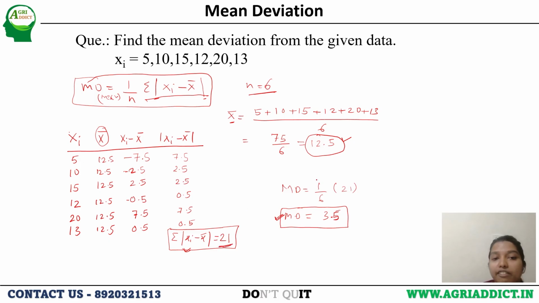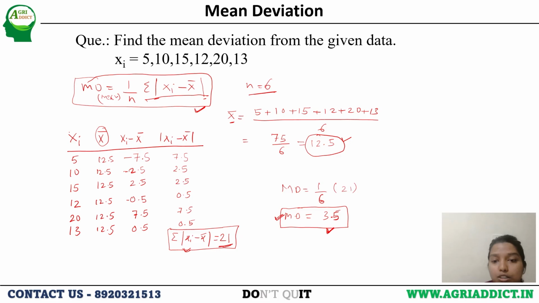Now we have to put the value in this formula. So it will be 1 upon n. N means 6 here, since the number of observations is 6. So it is 1 upon 6 into the summation of mod xi minus x bar, which is 21. 21 by 6 is equal to 3.5.